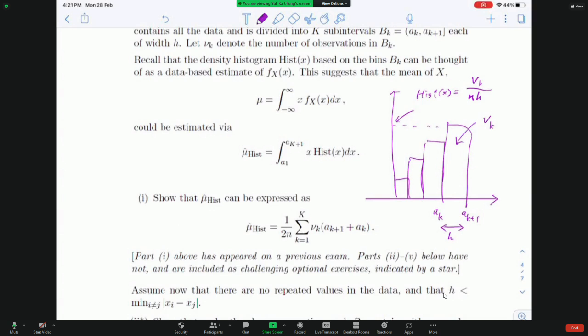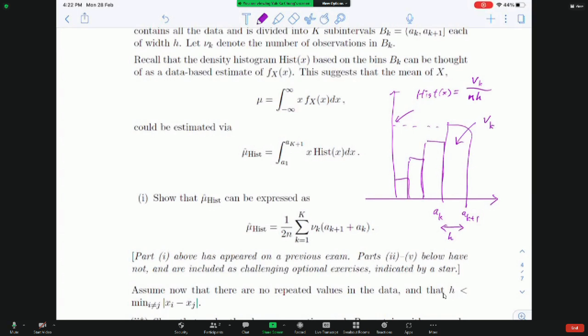Usually, if we construct a density histogram, the area here will be the count divided by the sample size, n. So Vk divided by n will be the proportion of observations falling in this class, so that the whole area of all the blocks added together becomes 1.